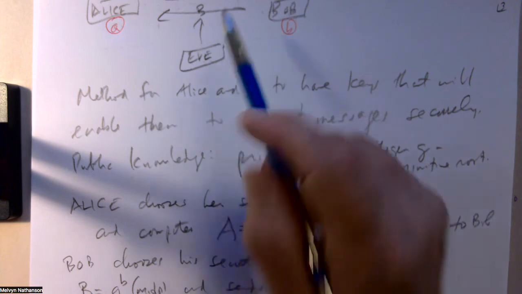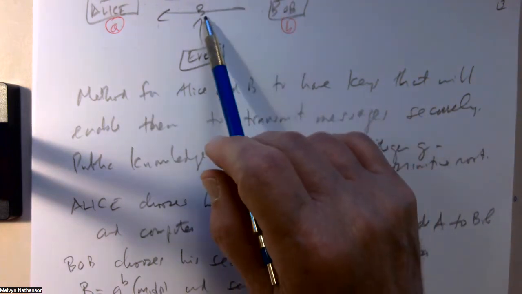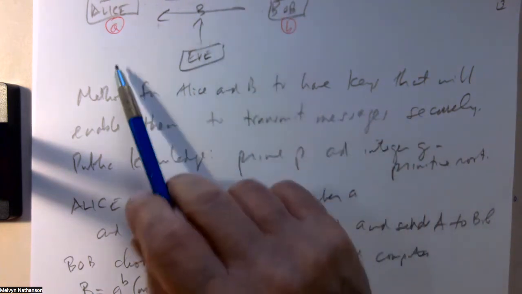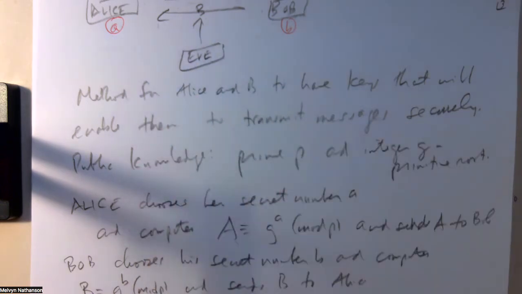So everyone knows capital A and everyone knows capital B, but no one knows little a or little b.